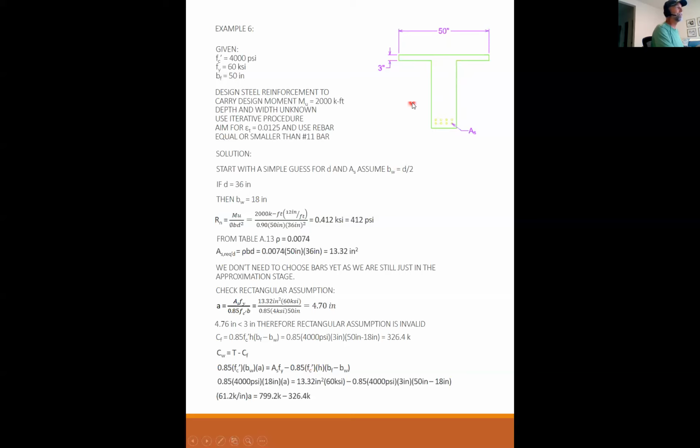So without any iteration at all, I know exactly what the force in that flange is. So the red part is totally solvable. I made a guess for the steel, so that's solvable. The tension is A_s f_y. The only part that's unknown now is the force in the web. I can get the force in the web by summing my forces equal to 0. And once I get the total force in the web, I can solve for little a.